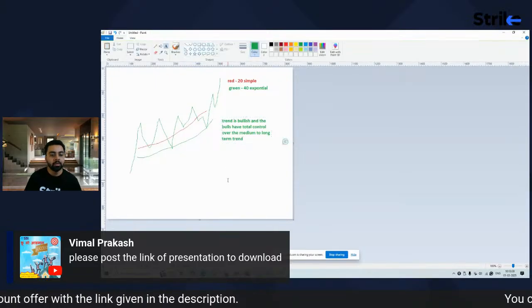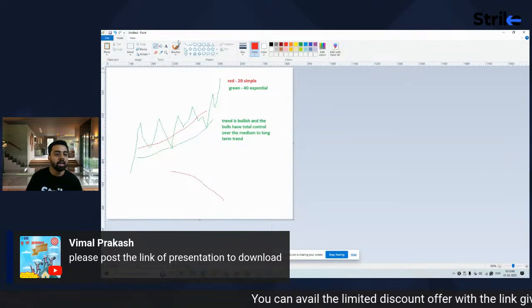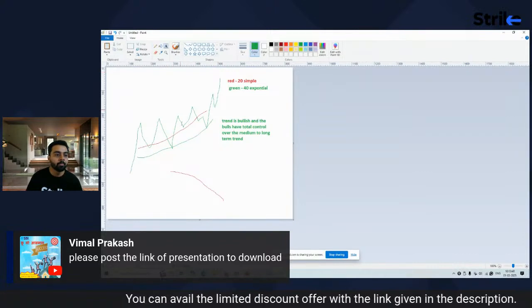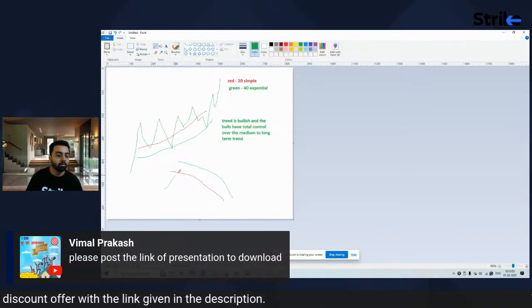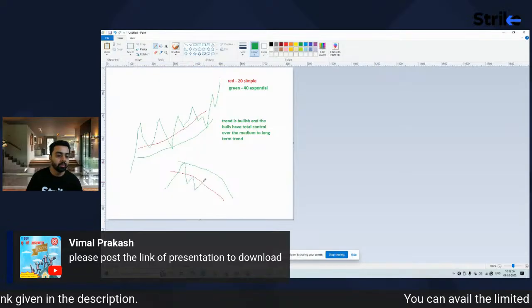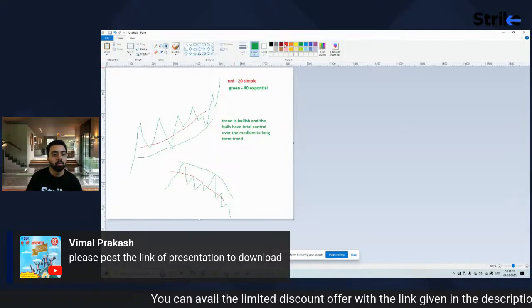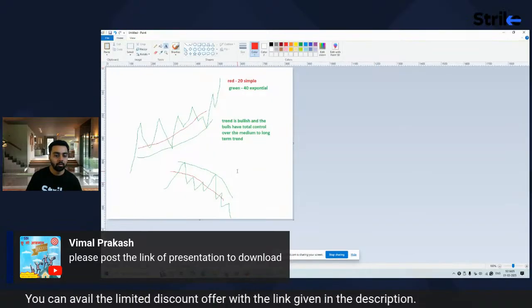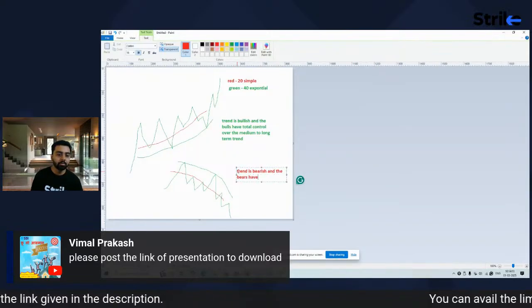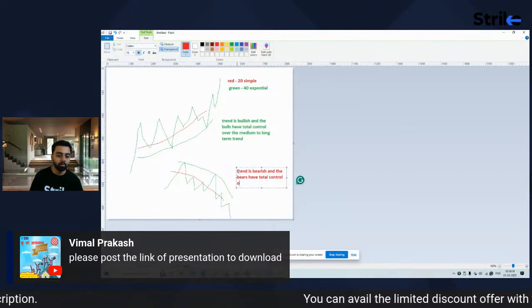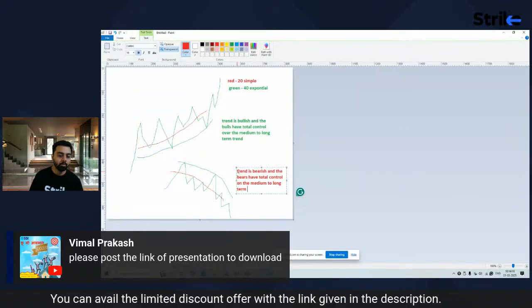Okay, and the opposite of this is that whenever a stock trades below the 20 average or 40 average, okay, then actually the bears have good control. So in this case the trend is bearish and the bears have total control on the medium to long term trends.